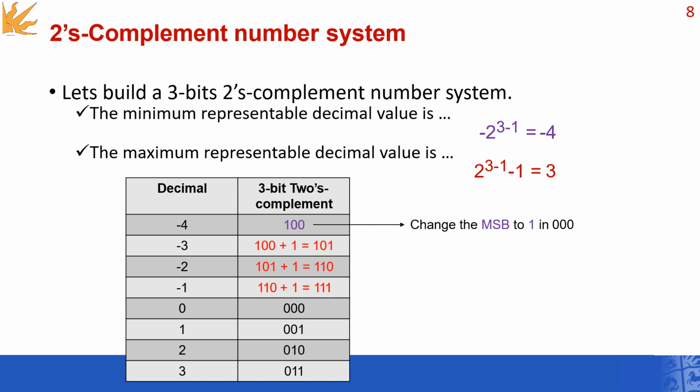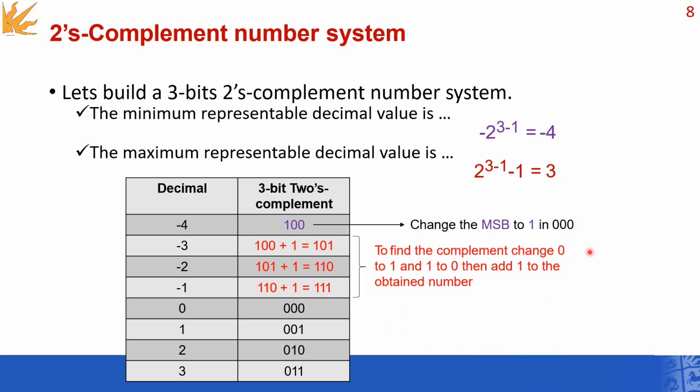Now here are some nice properties. We start from a number that is essentially 1 followed by zeros. We simply need to change the most significant bit of 0, 0, 0 to 1. Remember that we're using a 3-bit system. Another nice property is that for any consecutive number, the only thing you need to do is just add 1.